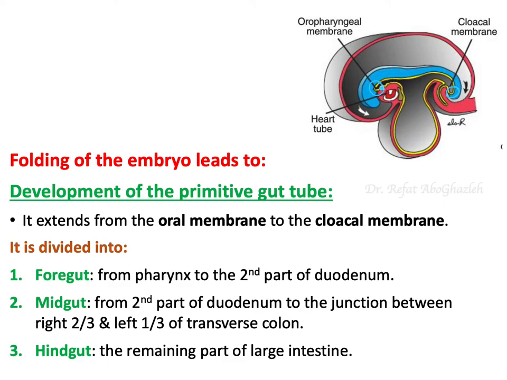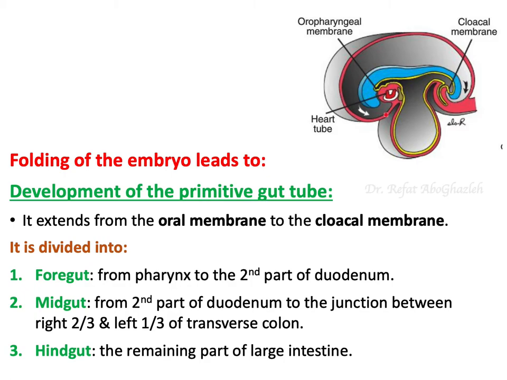And we can divide it into three parts: the foregut, midgut, and hindgut. So what's important to know about each one is what each part of the gut tube will form.